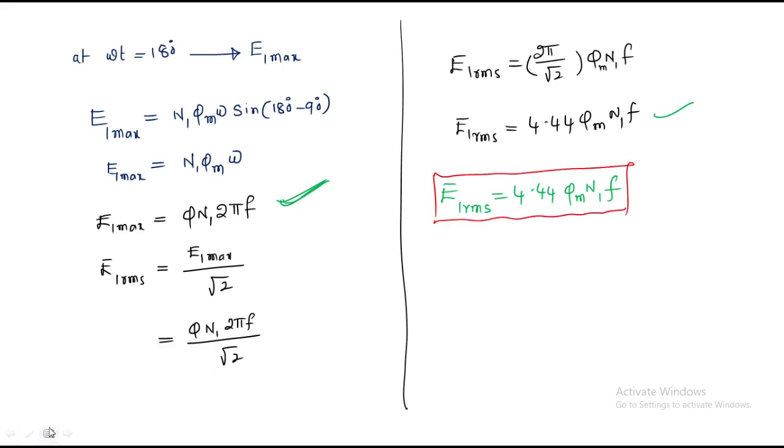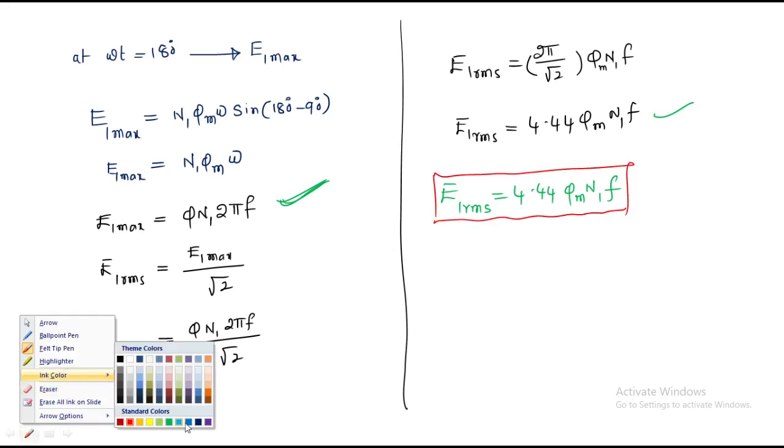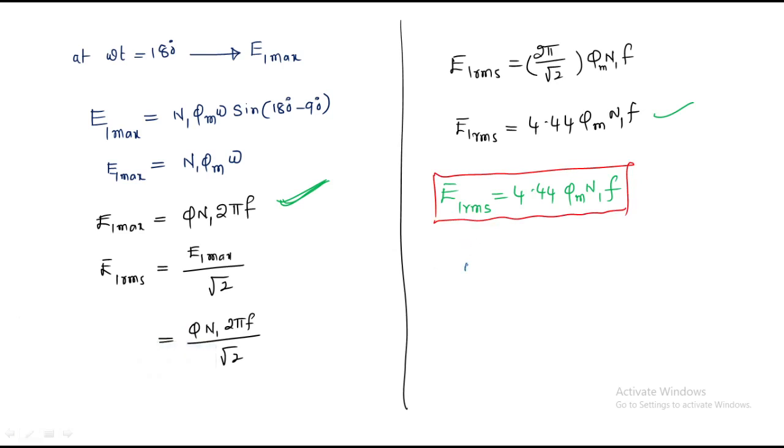Here φm is equal to B into A, the maximum value of flux density into area.